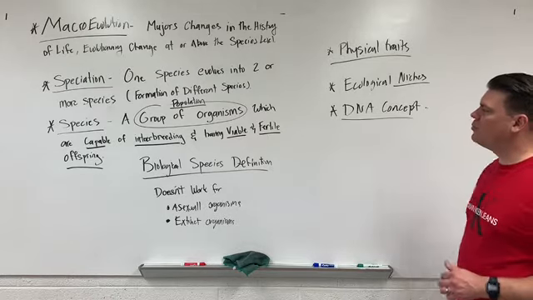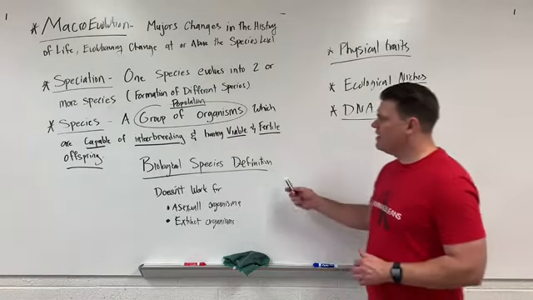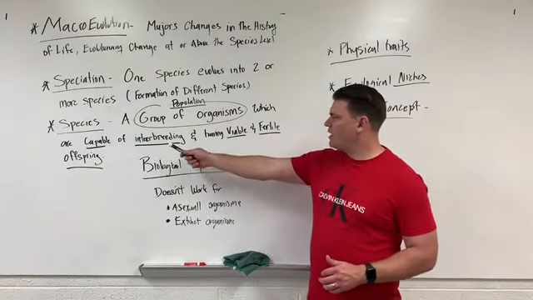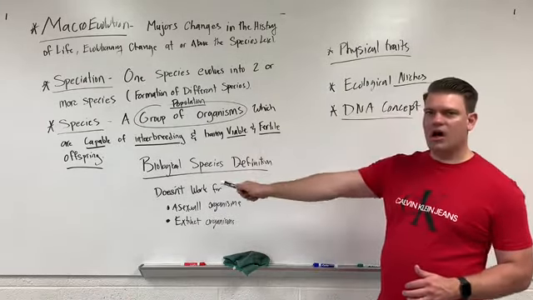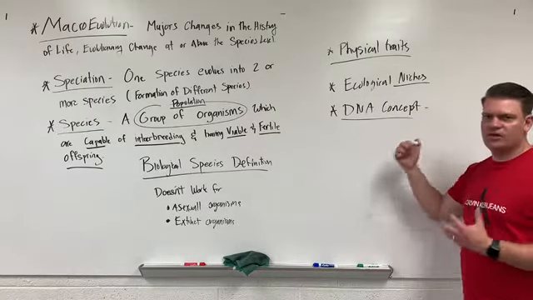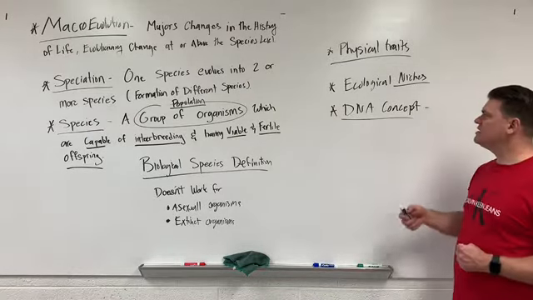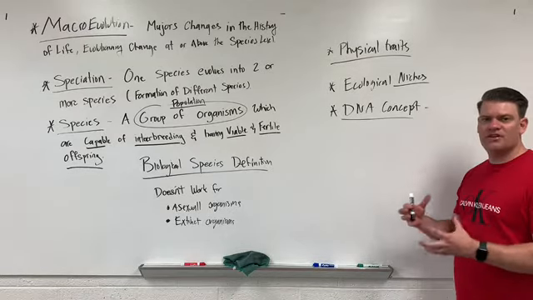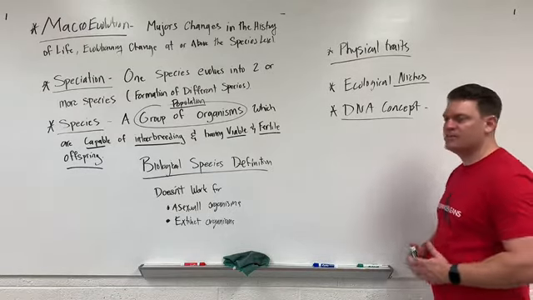So these are different ways in which we can apply this idea of species, not just on interbreeding and having fertile and viable offspring, but also using ecological niches, physical appearances, and DNA, how much of it is overlapping, how much is similar, how much is different.